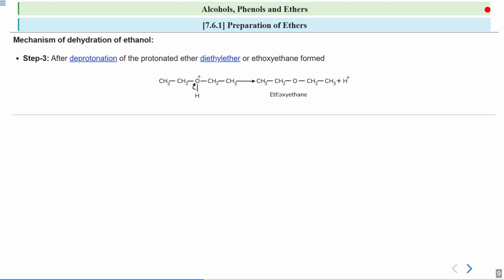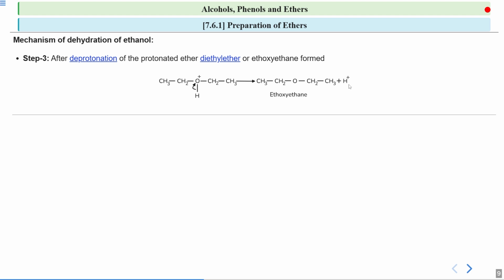See again, on both left and right side you have 2 carbon atoms, so it is ethane on both sides. So you can take any one of them as the alkyl group, alkane group, or alkoxy group. So if this is the alkoxy group, this is ethoxyethane. And this H plus is left from this group.